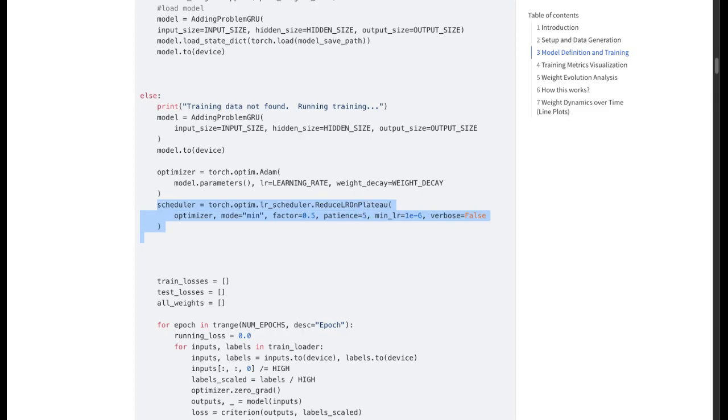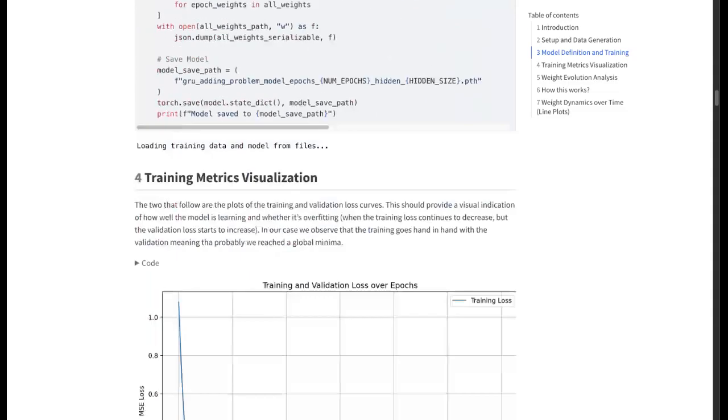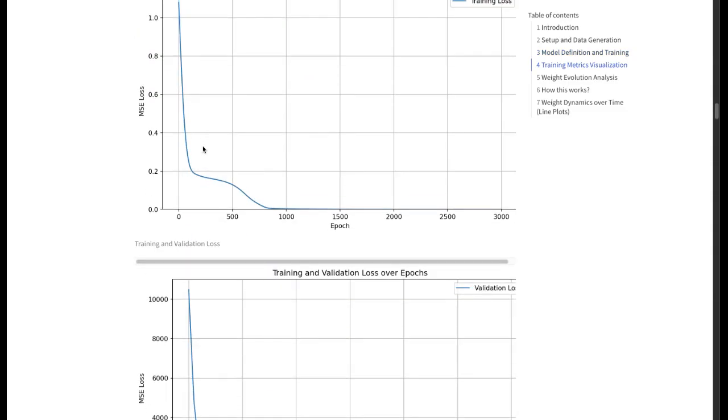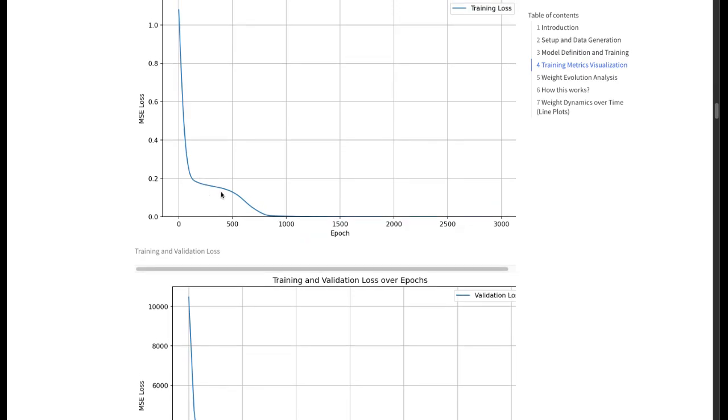This was also important because otherwise it would just go over local minima and it couldn't find anything better than that. And as you can see from the training loss plot, this might be the case. So here it found something and it just dropped again and it was near zero.